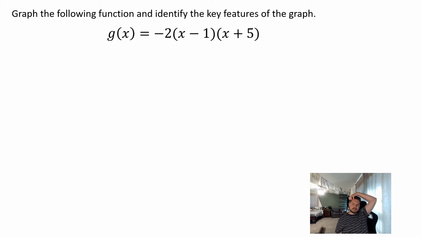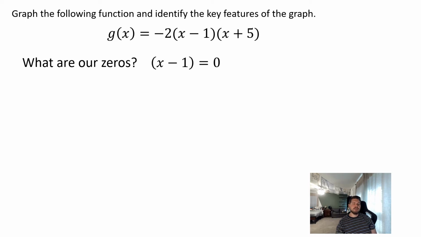So let's look at this. I can immediately tell what my zeros would be. Do you know how I know that, Fozzie? Because if x minus 1 becomes 0, everything multiplied by that would be 0, and same with x plus 5.